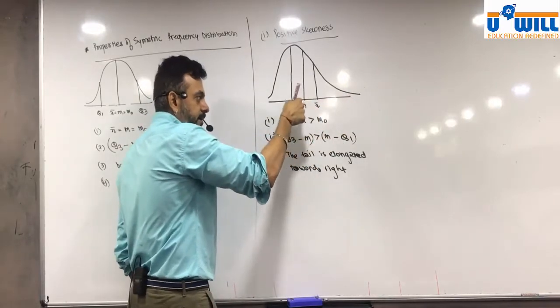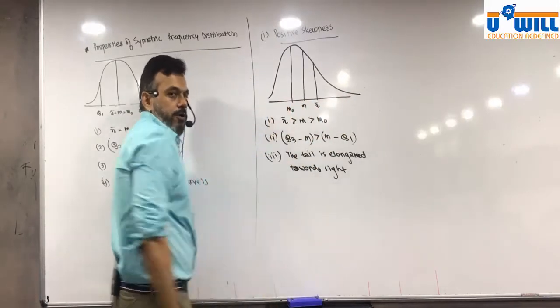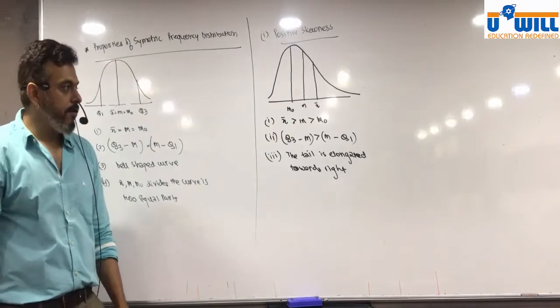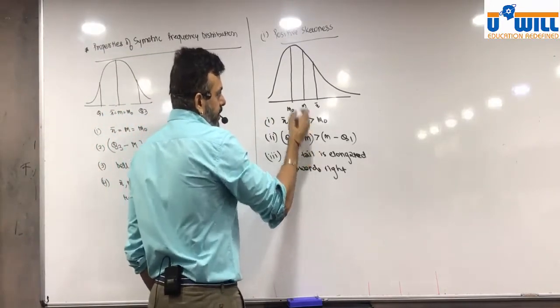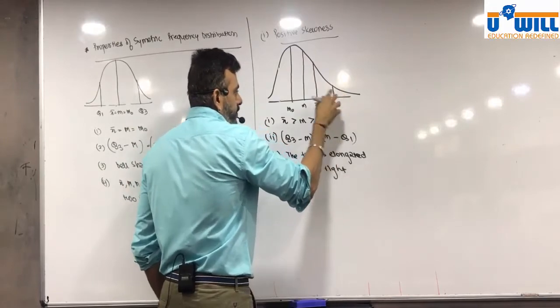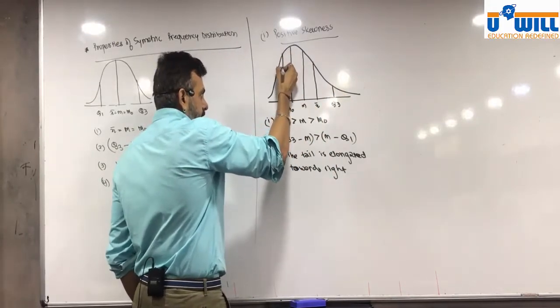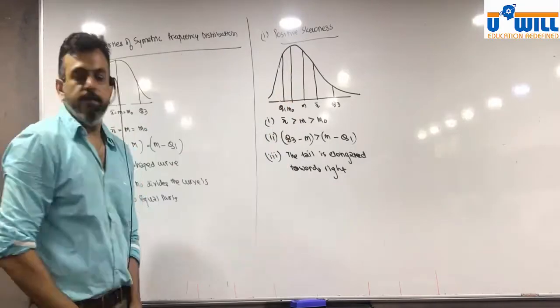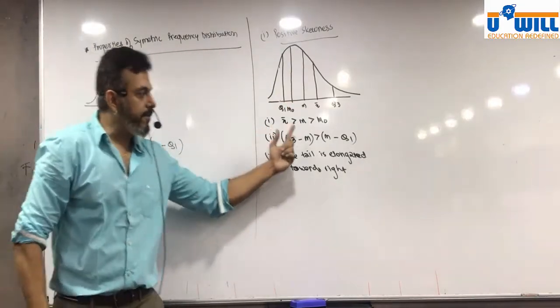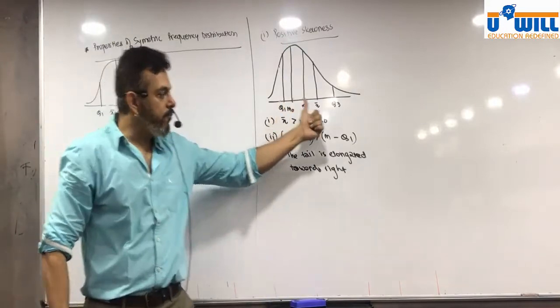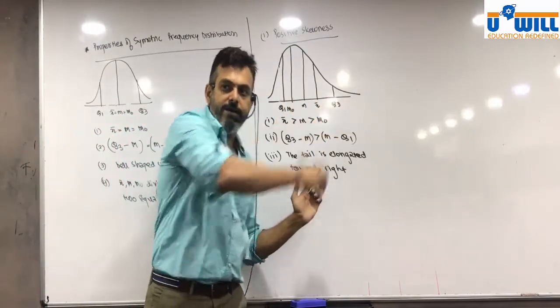So x bar greater than m greater than mode. Understood this? Okay. Q3 minus m is greater than m minus Q1. Did you understand this graph? Easiest way to remember is this is equal and these are all greater than. The tail moves towards the right.